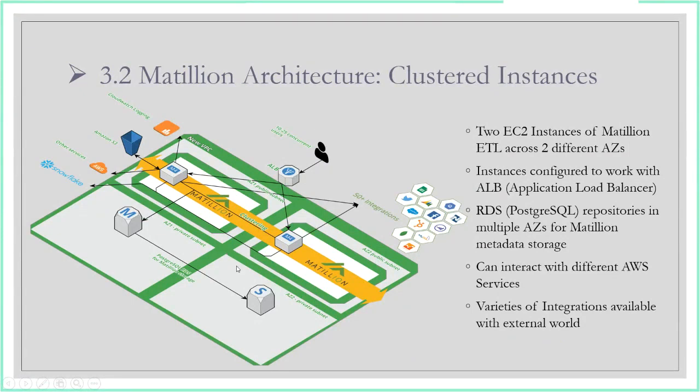It's up to the ALB, the application load balancer, to decide to which EC2 machine to redirect that user. It decides based on the resources available, the other users who are already logged in, and some other parameters. So this is the only difference in clustered instances, and the rest remains the same.